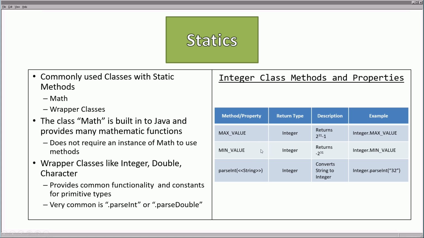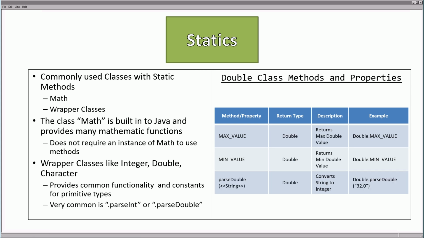Now these two are properties that are built into the Integer class that provide the maximum integer value while also the minimum integer value. And in fact, both of these are static. As you can see, they're called directly from the class itself. Another similar class is the Double wrapper class. This one provides the properties max and min value, which will give you the maximum and minimum double value, and also the functionality parseDouble, which takes in a string and converts it into that type double.